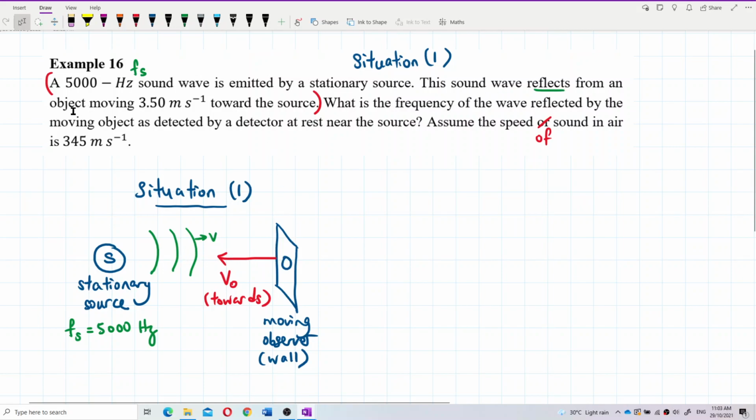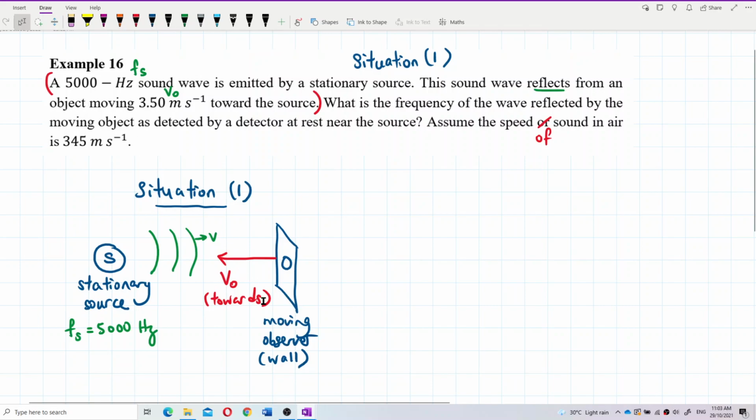This reflection is from an object moving at this speed, which is the velocity of the observer. This object is the observer. Understand or not? The moving object becomes the observer, and it reflects the wave it receives.